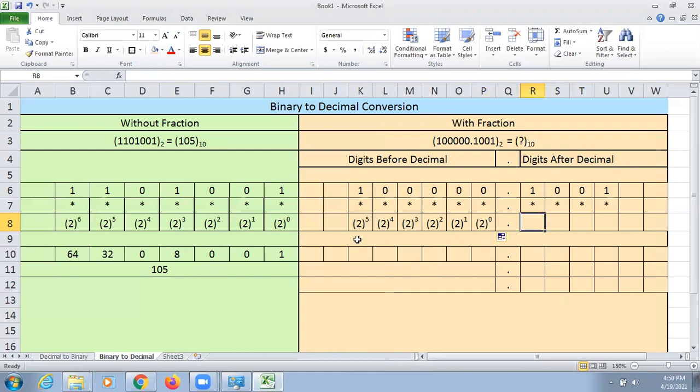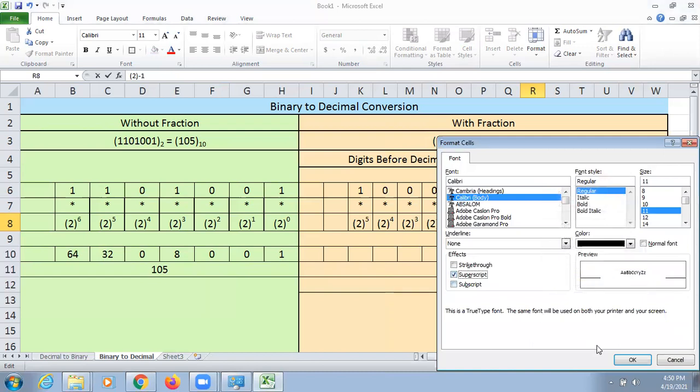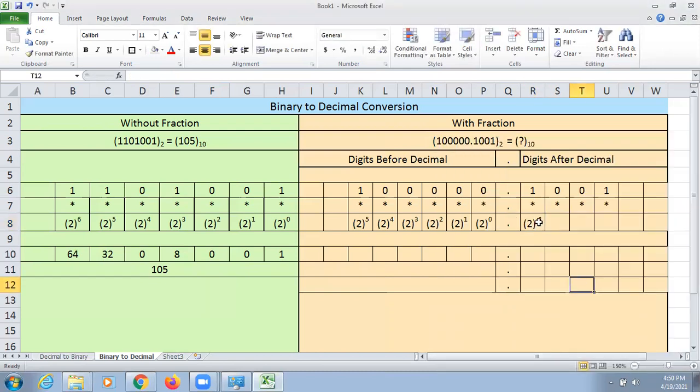Similarly, after the decimal, we have to multiply with 2 raised to power minus 1 this time. So the first number will be multiplied with 2 raised to power minus 1, then 2 raised to power minus 2, 2 raised to power minus 3, and 2 raised to power minus 4.